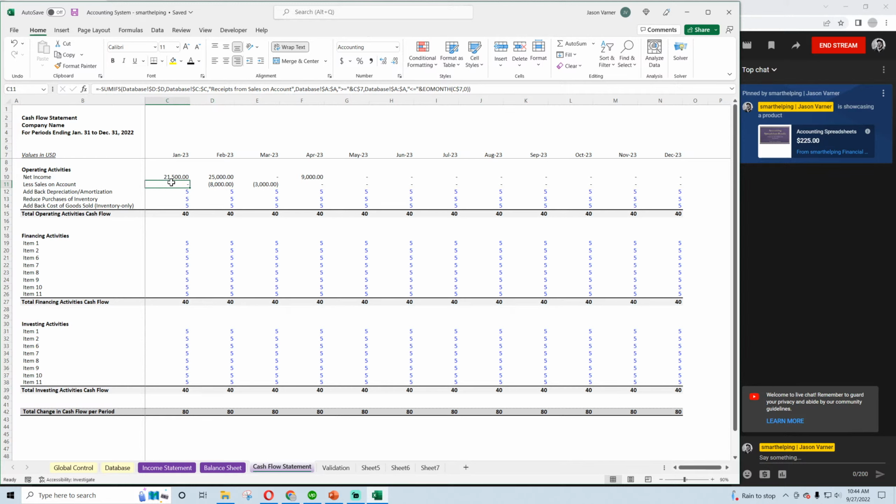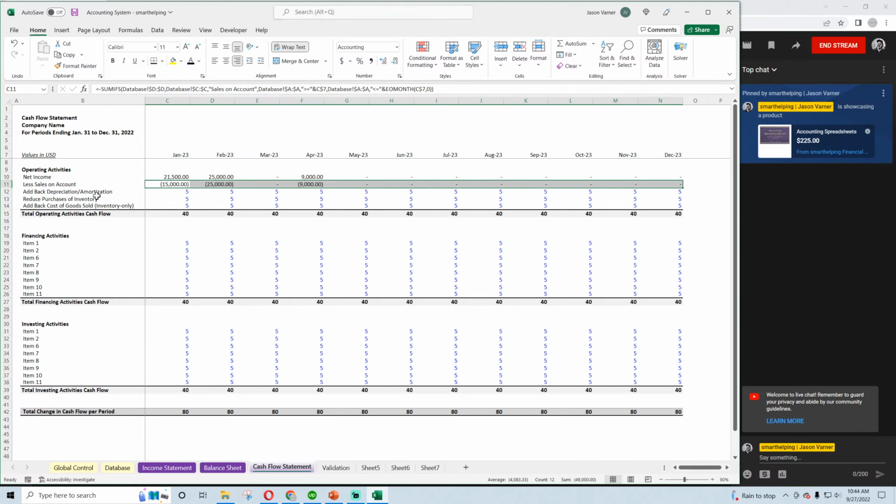Oh, shoot. So this is receipt from sales on account. We want to reduce sales on account. So we reduce sales on account.